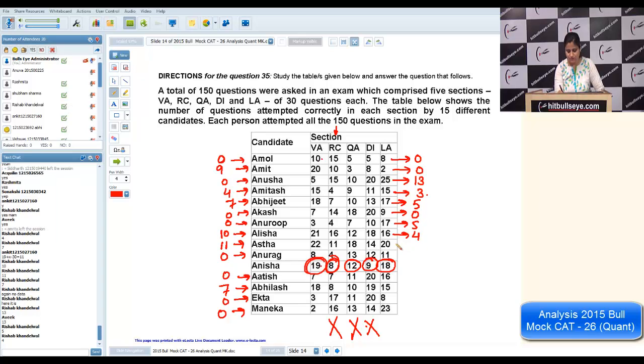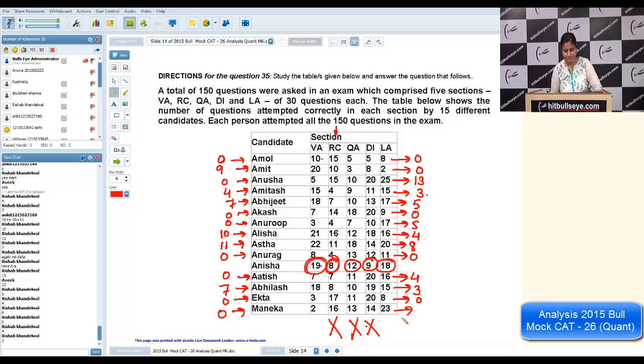34 minus 34, so 0. 20 plus 18, 8. 11 plus 18, 0. Now 16 plus 18. Very good, 4. 15 plus 18, 3. For this it is 0. 23 plus 18, a big number, 11.